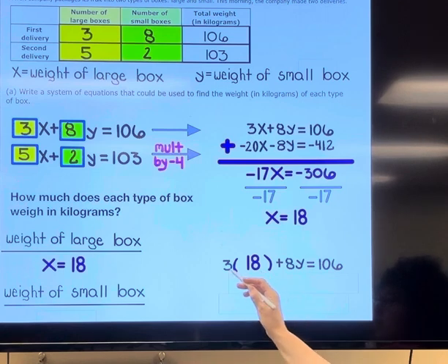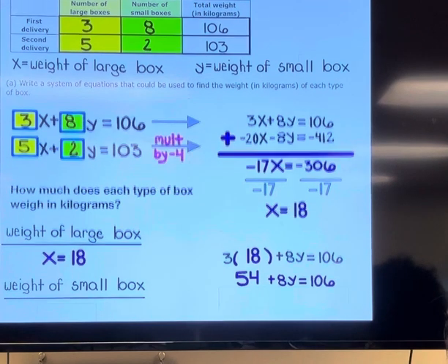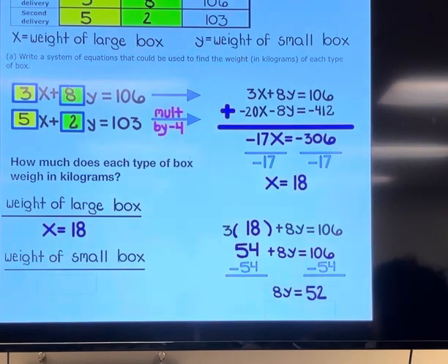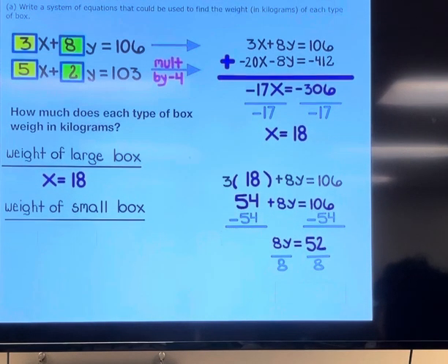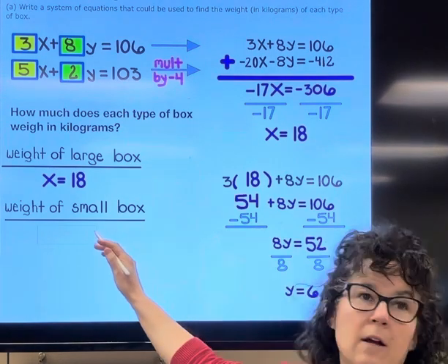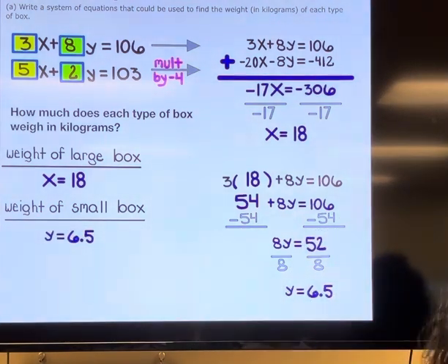Then solve this equation. 3 multiplied by 18 is 54. Subtract 54 from both sides, and then I end up with 8y equals 52. Divide both sides by 8, and I end up with 6.5. So the weight of the small box is going to be 6.5 kilograms.